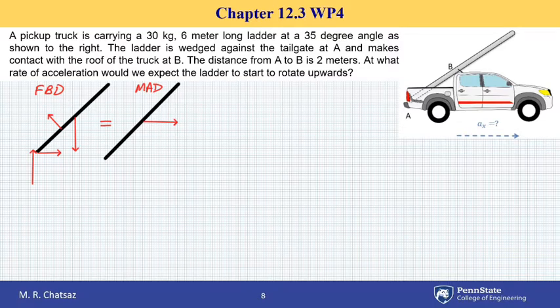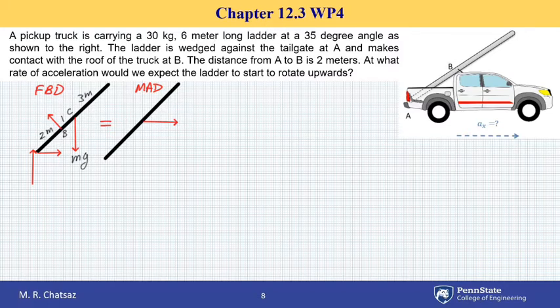On the free body diagram, the key forces are the weight of the ladder mg acting at the center of the ladder whose length is 6 meters, therefore I have 3 meters here, and the distance between A and B is 2 meters, so I have 2 meters here and 1 meter between the center of the ladder and where point B is.